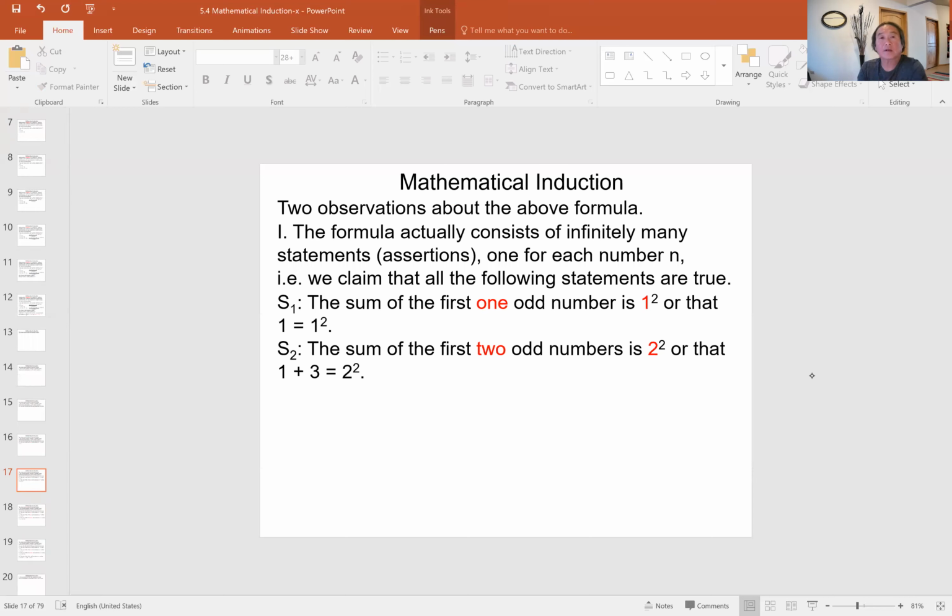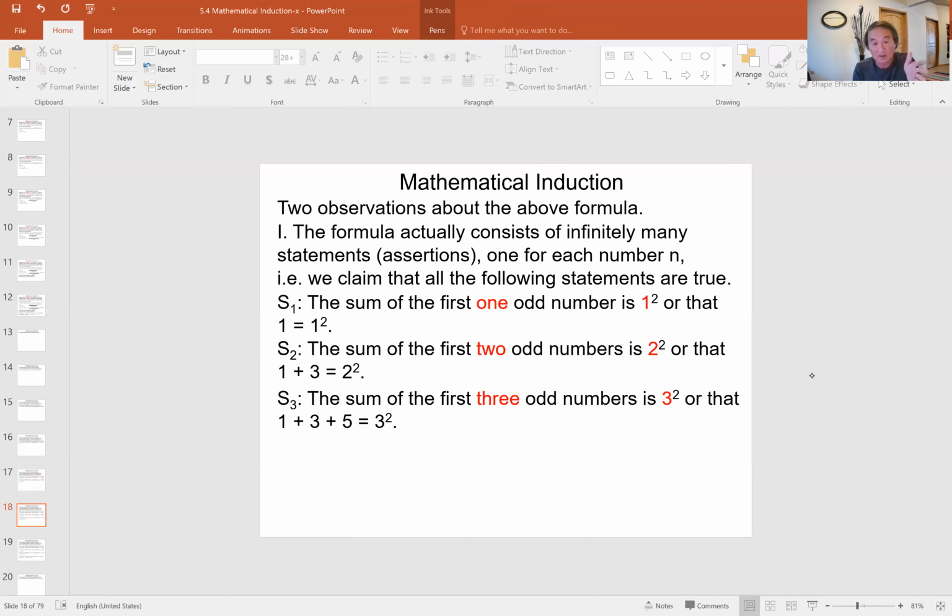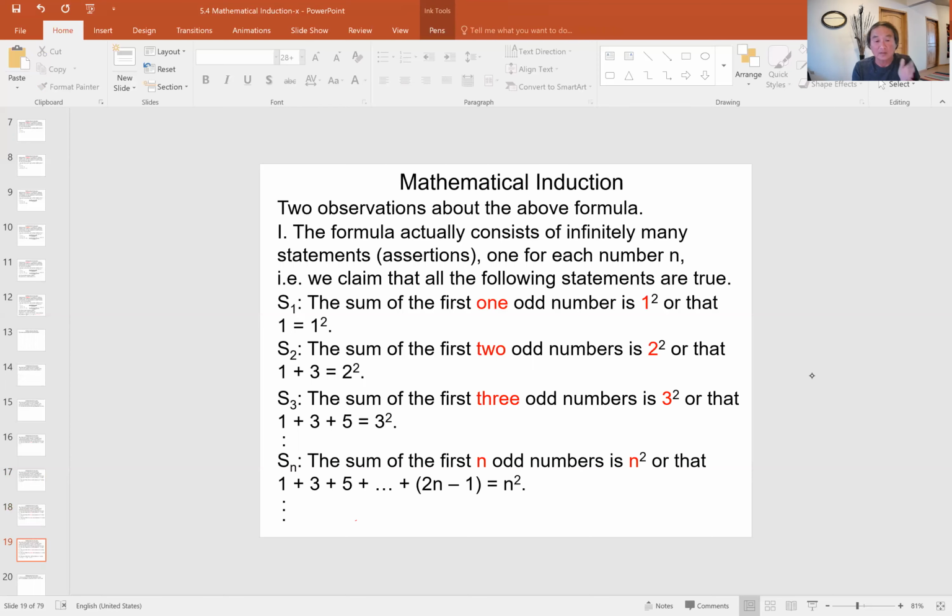First, we lay the statements out. The first statement is obvious, but we throw it in with the group of statements we would like to prove. The first statement is 1 by itself, equals 1 squared. The next statement is 1 plus 3, adding 2 odd numbers, I get 2 squared. The next statement is 1 plus 3 plus 5, adding 3 numbers, I get 3 squared. I separate them into statement 1, statement 2, statement 3, and so on.